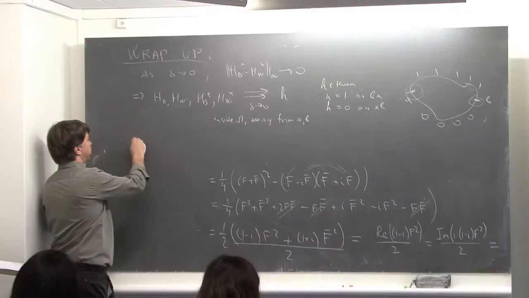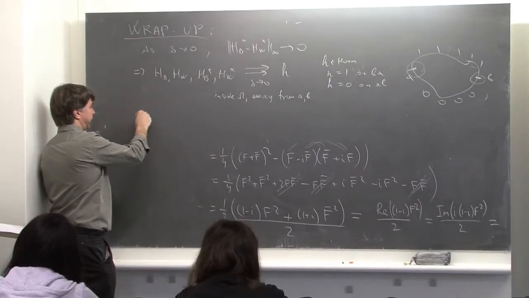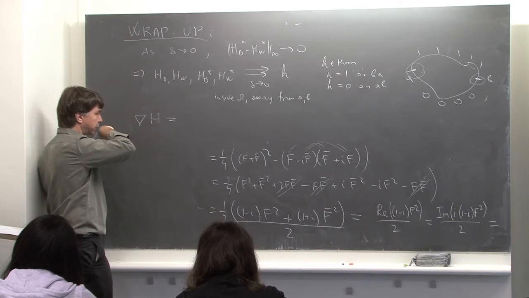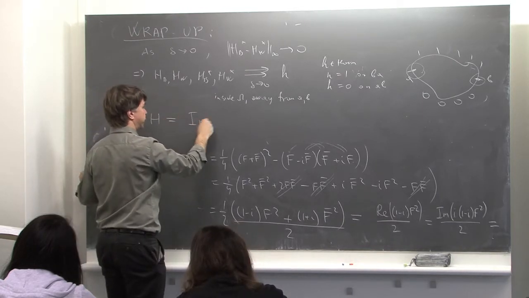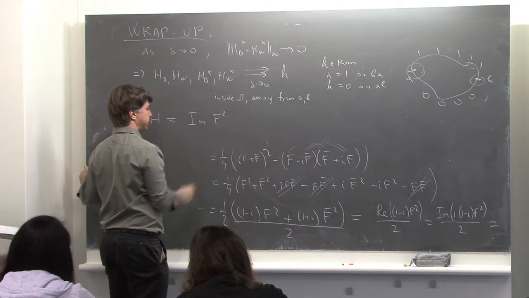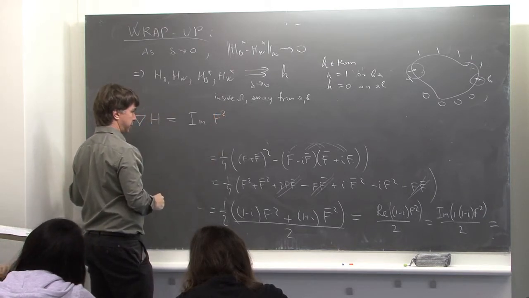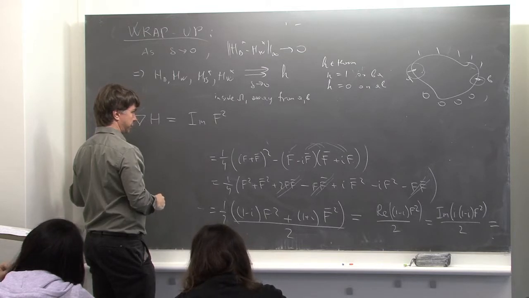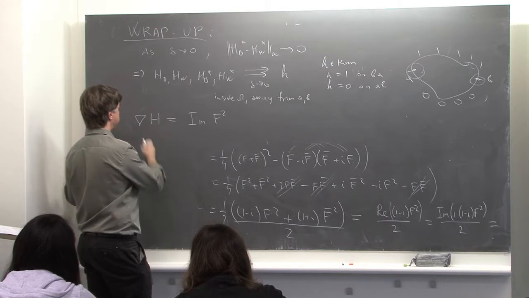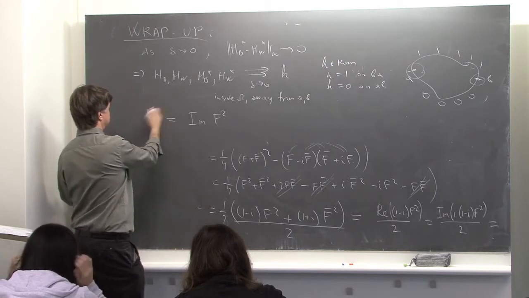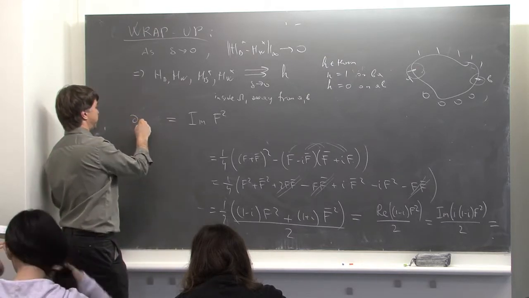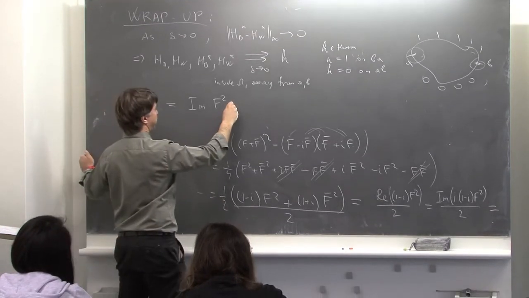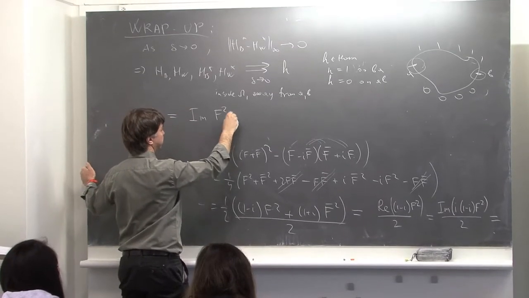Now also what we have is that gradient of h is equal to imaginary part of f squared. What was it? Imaginary, yeah, more or less like that. So the derivative of h in the direction, say tau, is equal to imaginary part of f squared times tau.